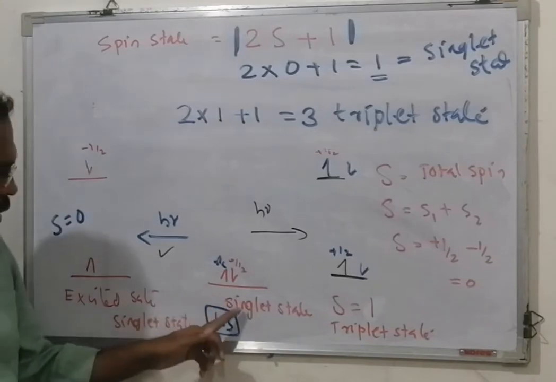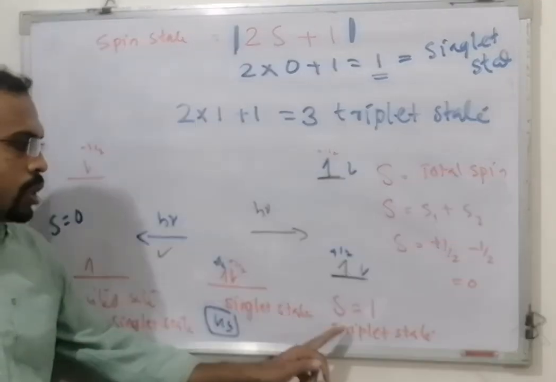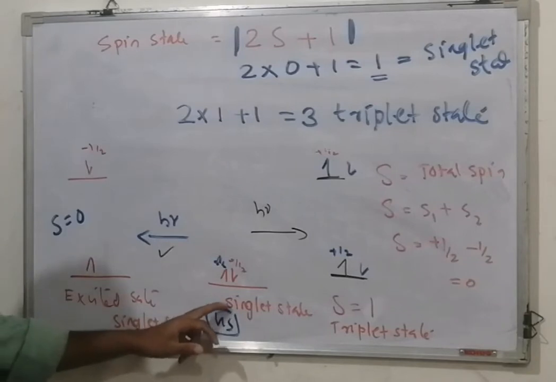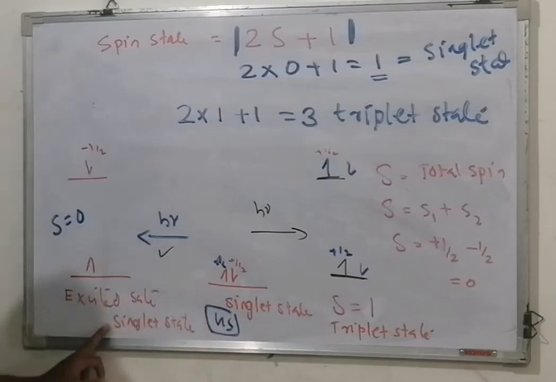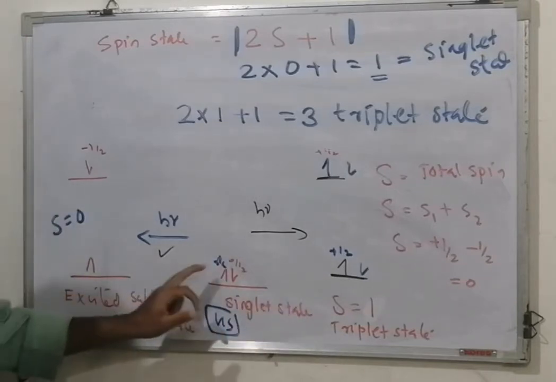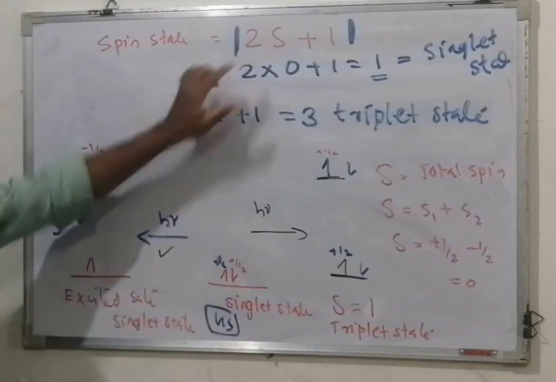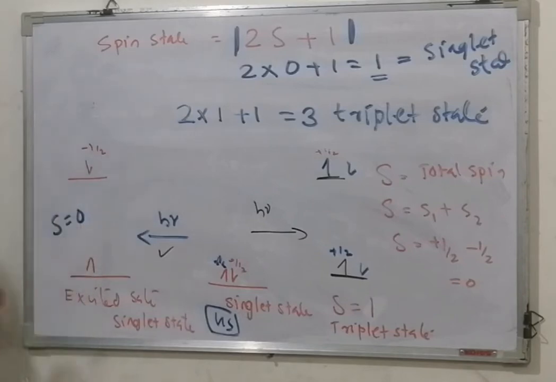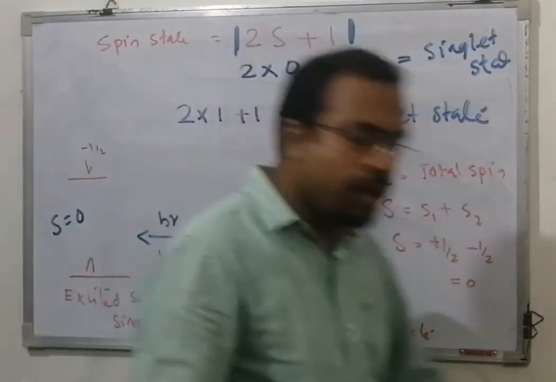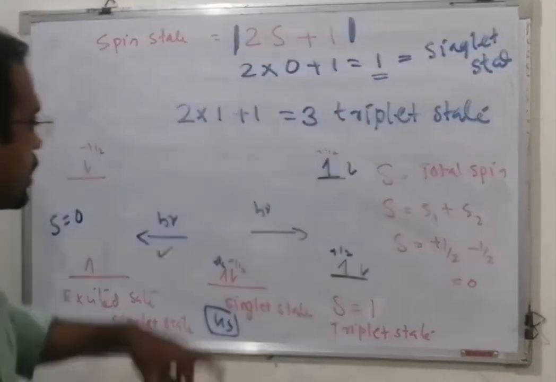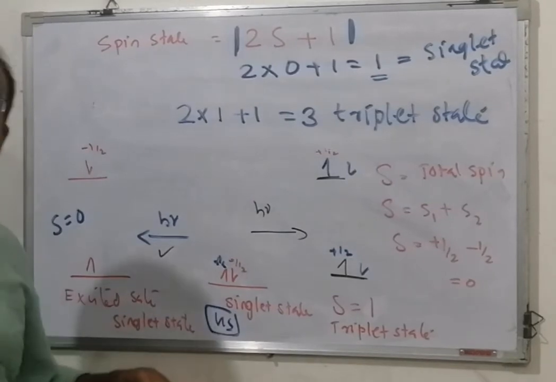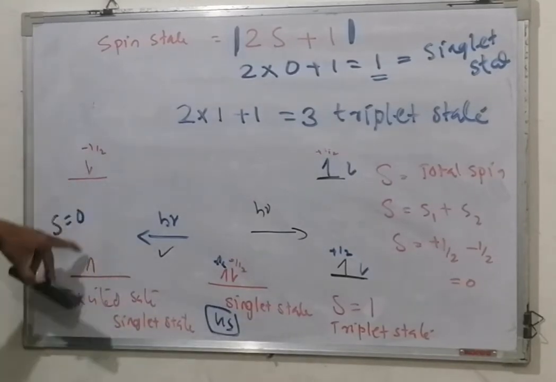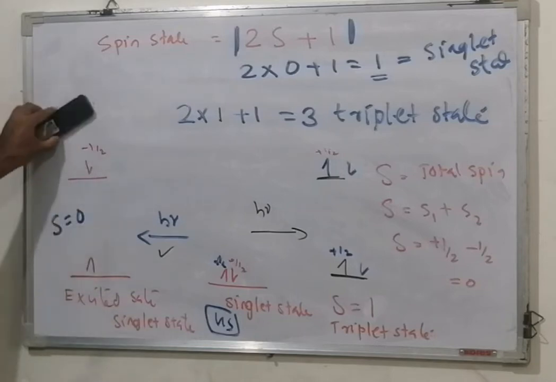Therefore, in this case the transition is from singlet state to triplet state. But here the transition is from singlet state to singlet state. Therefore, this one is allowed and that one is forbidden. How do you determine the singlet state? By this equation, or simply by looking: if electrons are in opposite spin, it is singlet; if electrons are in parallel spin, it will be a triplet state. If the electrons are in opposite spin before excitation, they must be in opposite spin after excitation; then only it is an allowed transition.